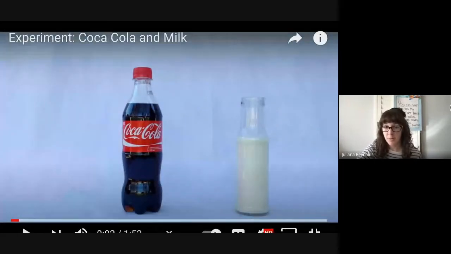What I would like you all to do is record both the physical properties and chemical properties for both the Coca-Cola and the milk. In box A, you'll be listing some physical properties of the Coke and some physical properties of the milk. And then in box B, some chemical properties of the Coke and chemical properties of the milk.